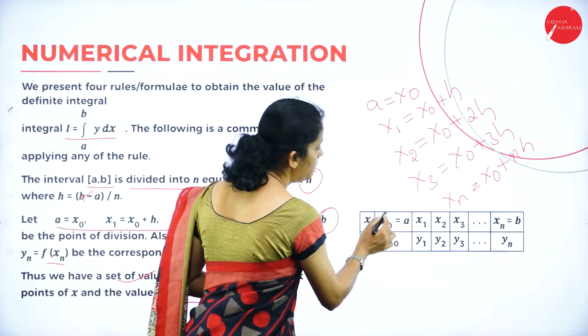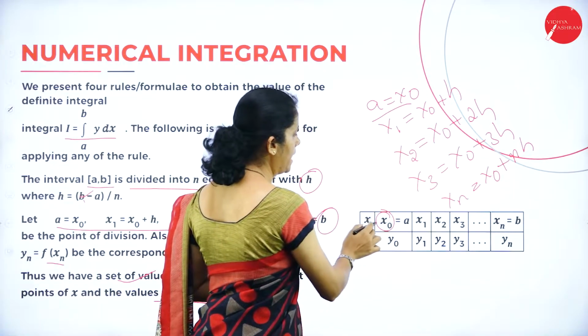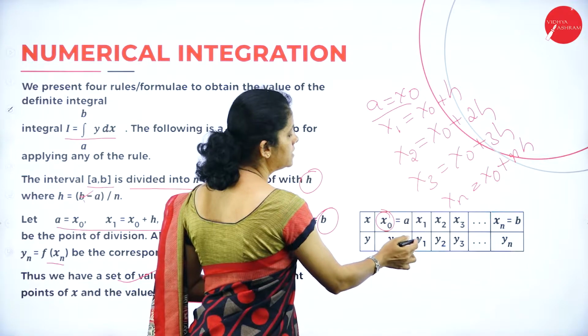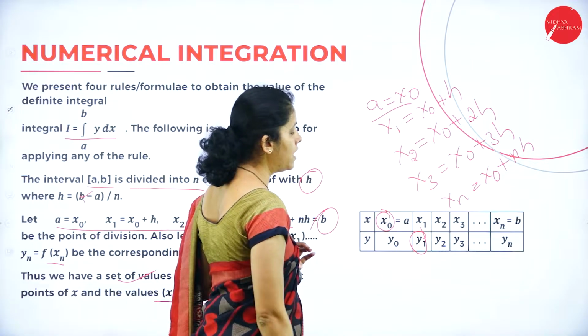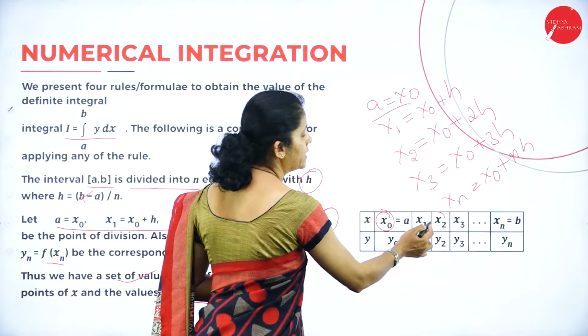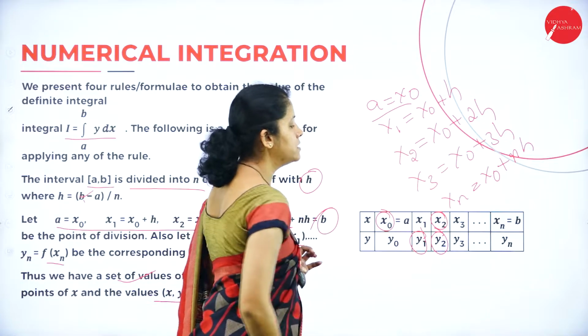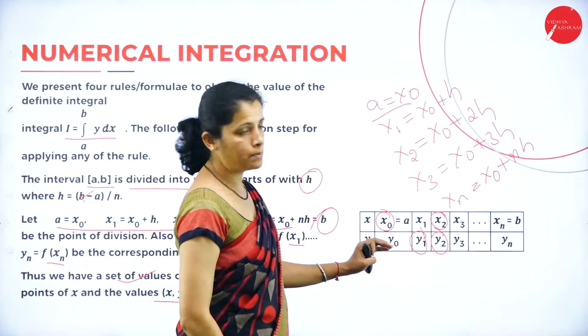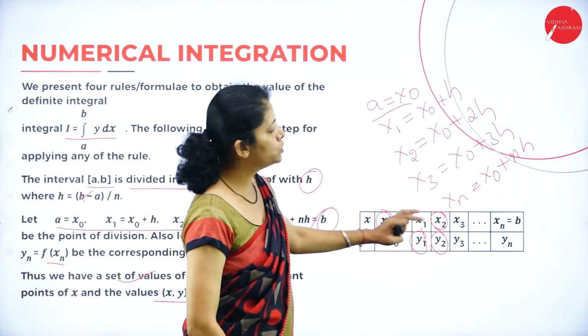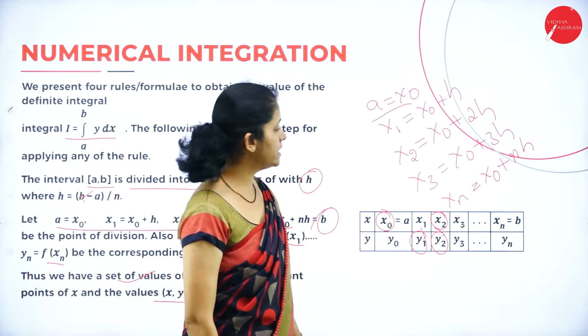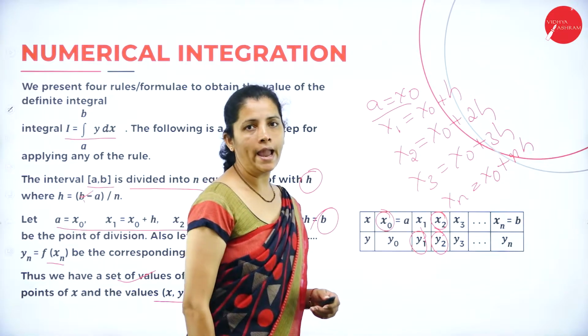So here my x0 is nothing but a, and x1 corresponds to y1, x2 to y2, x3 to y3, and it continues. When it is xn, then it is yn.